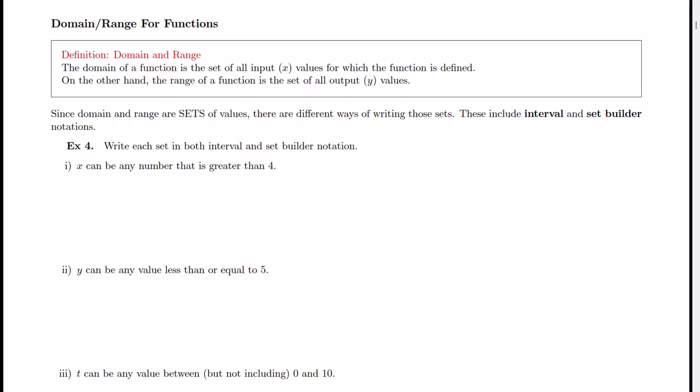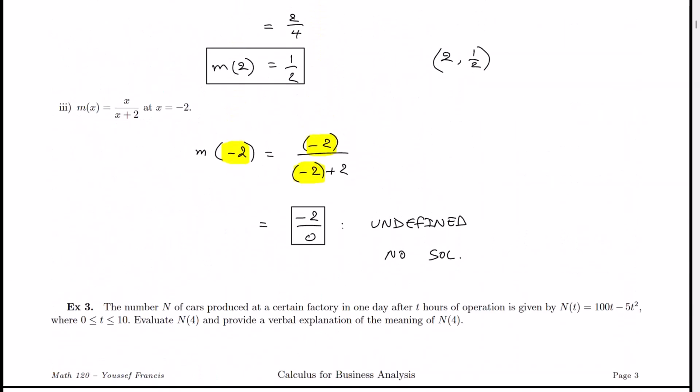So for instance, on the previous page, we had an example where m of x was x over x plus 2. We tried to plug in -2 into that function, and unfortunately, we got no solution. So the conclusion would be that the domain of this function m of x should not include the number -2. It would be basically every other real number except for -2.